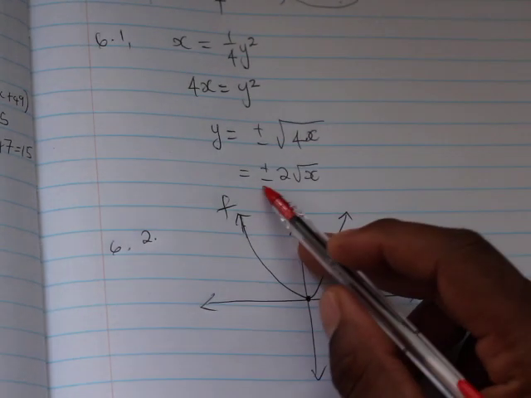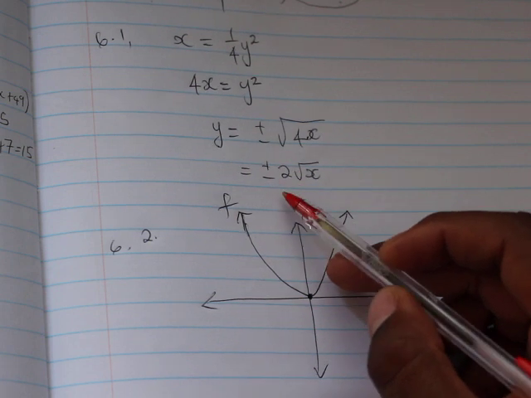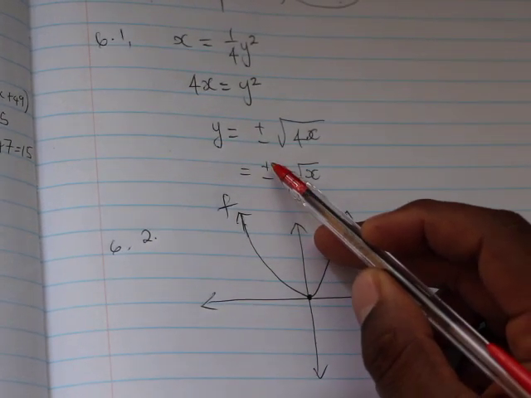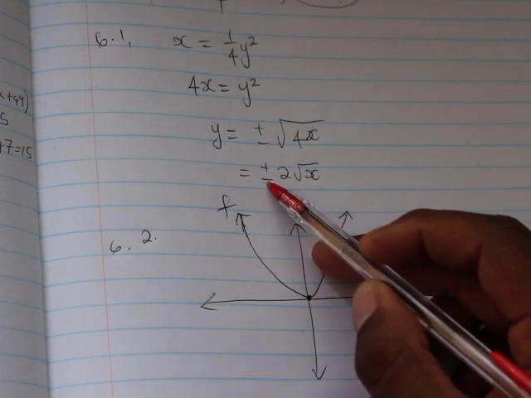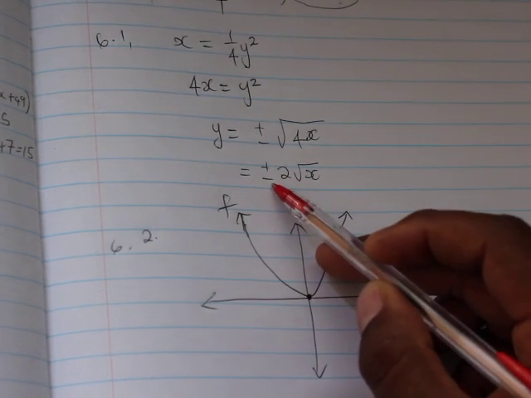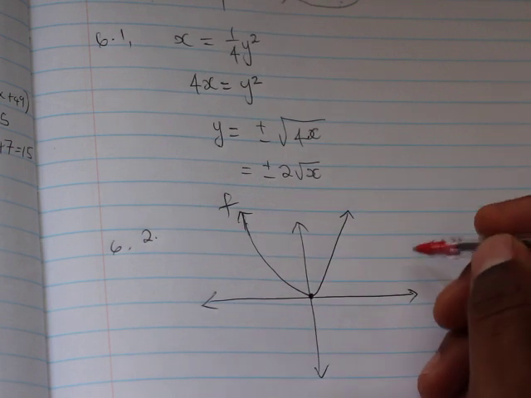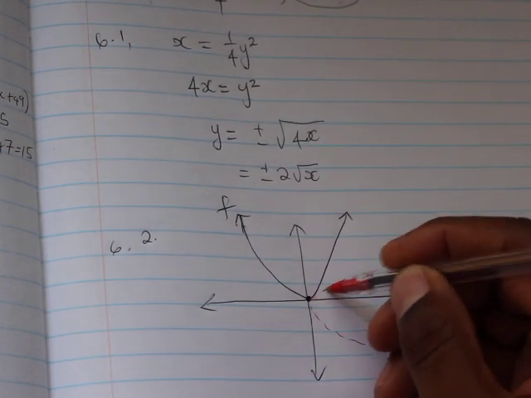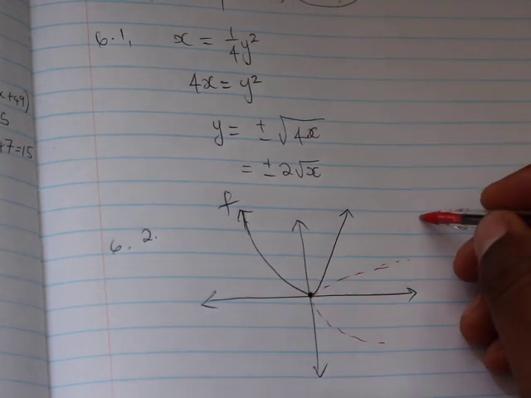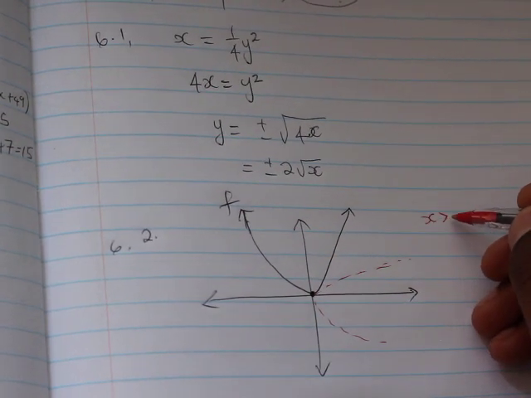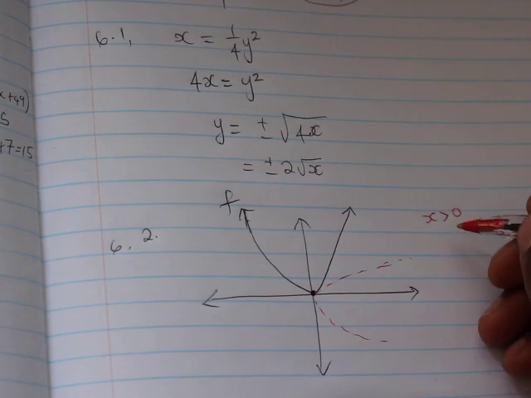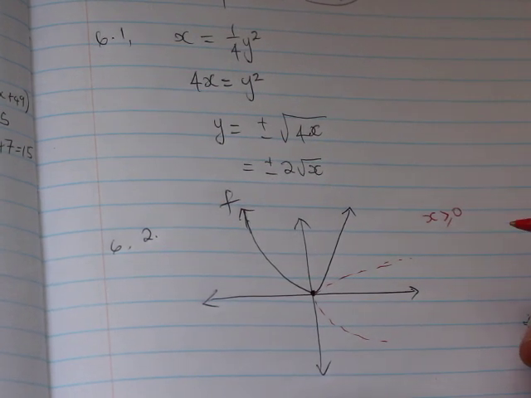So this actually has branches, because remember this is plus minus. So we would have branches going like this in a case whereby x is greater than or equal to 0.